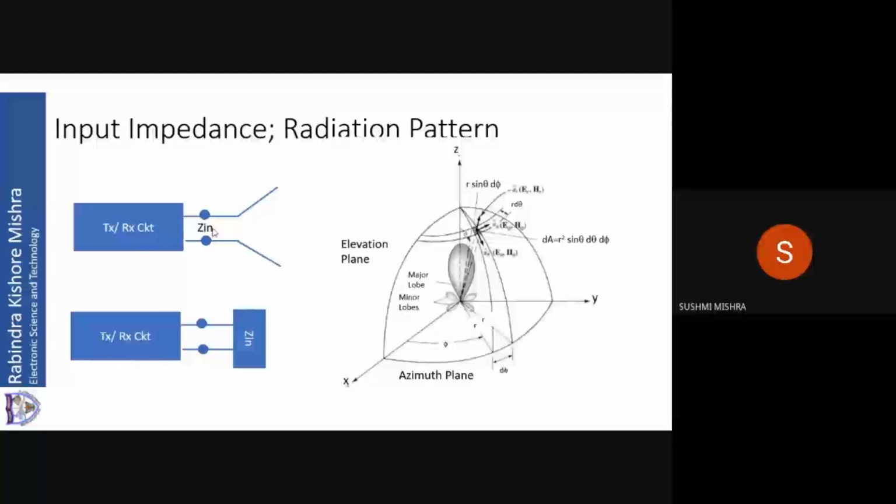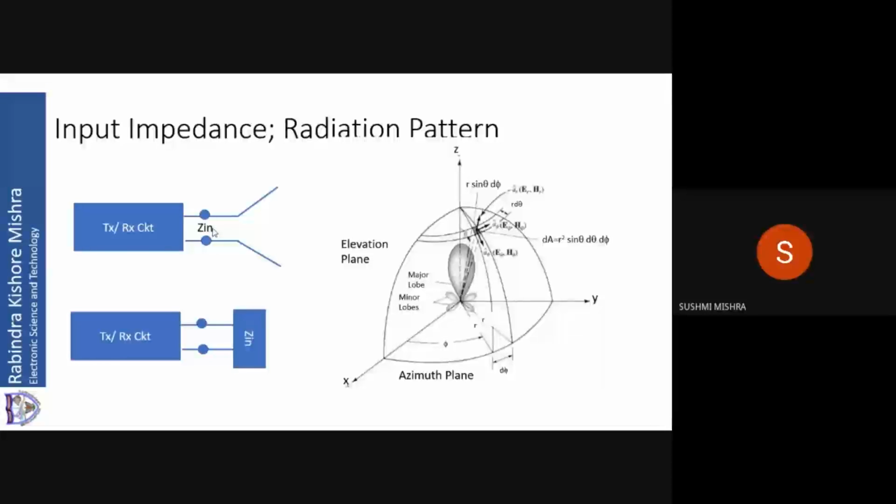Then the pattern is maintained. In the far field, everywhere you will get the same pattern, not in the radiative near field. Therefore, remember that it is the angular variation of the radiation in the far field. In the far field is important. So in the far field due to the antenna.